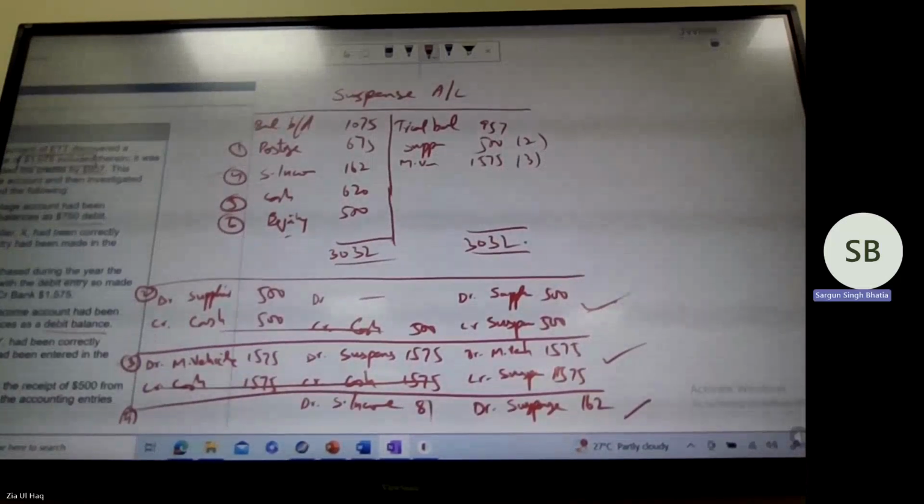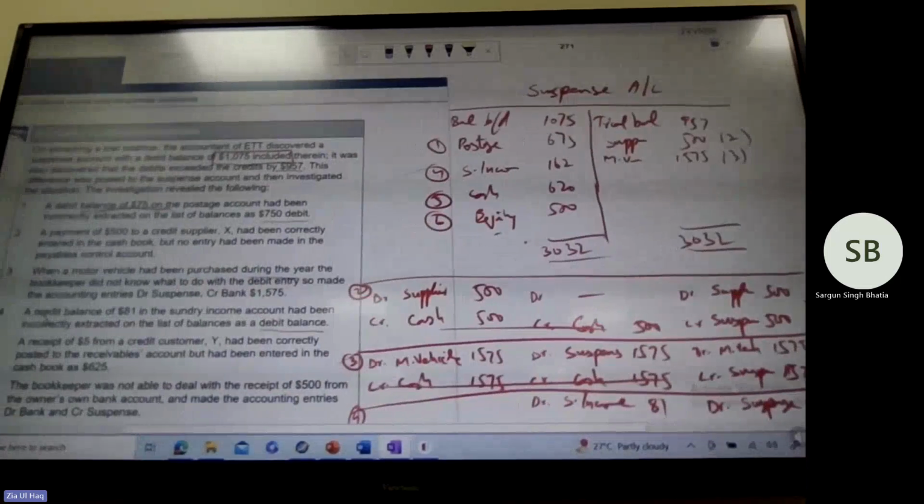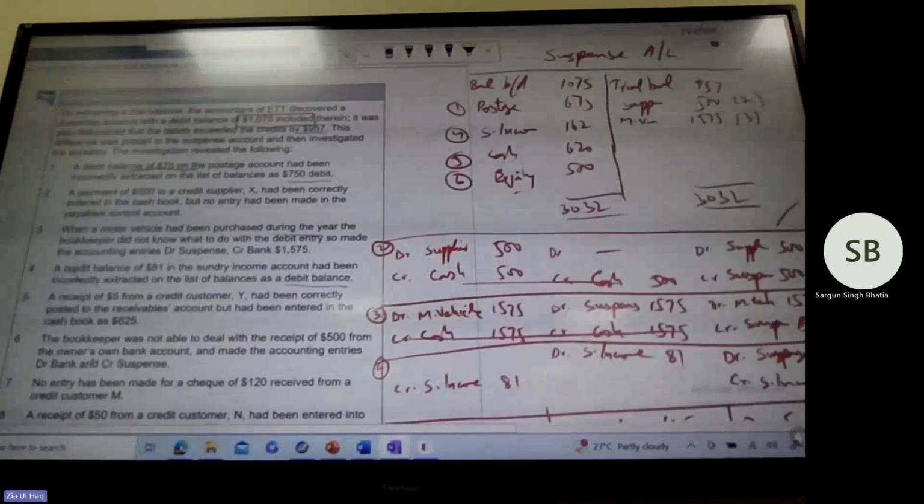This means we have done this question correctly because we have adjusted the suspense account. The requirement was what journals are required to correct the errors. These correcting entries we need to record to eliminate the suspense account balance.